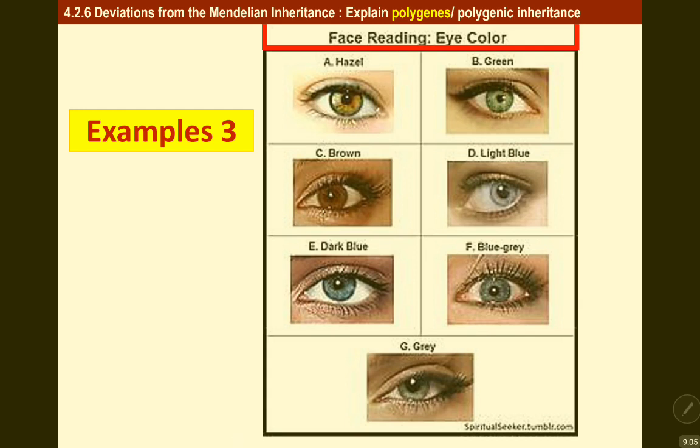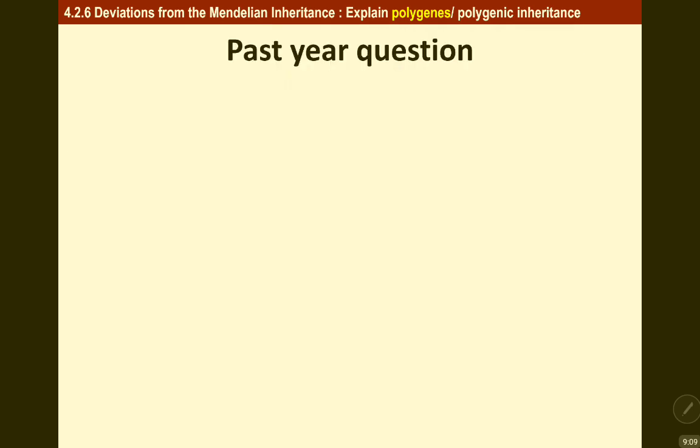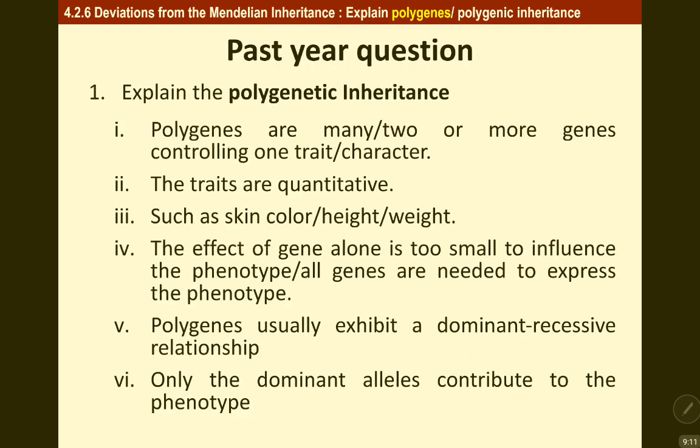Another example is eye color. Polygenes are usually controlled by 2 or more genes controlling one characteristic, for example skin color. Another one is height. Human height is also controlled by polygenes. They are quantitative, such as in this example.